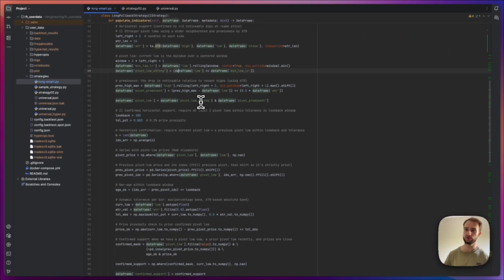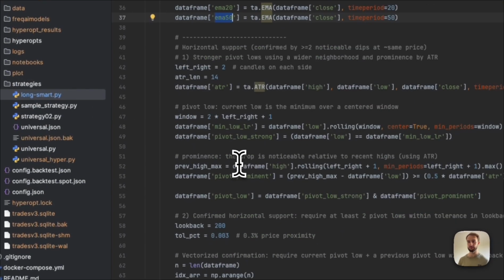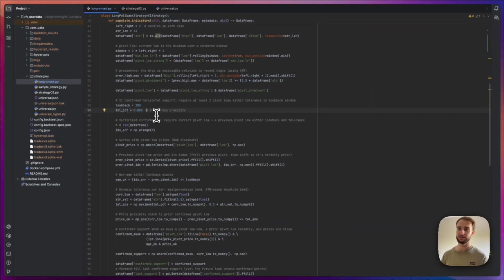What we want to do is find where the support line intersects with either EMA 20 or EMA 50. By intersection, I don't mean an exact intersection, but if they are within 0.3% of each other, they almost intersect. So we give it some room, and that will be our pullback entry area.